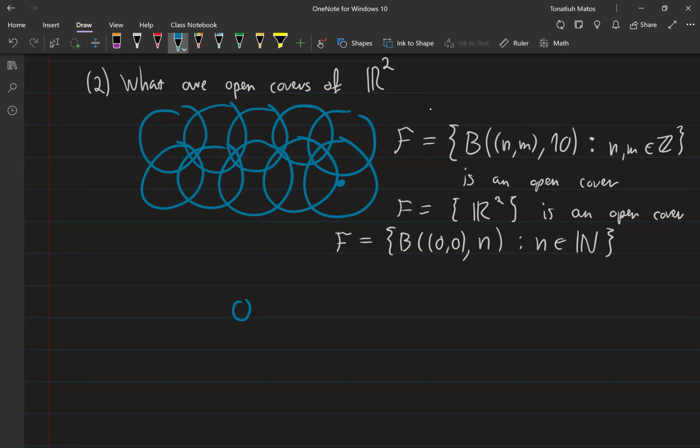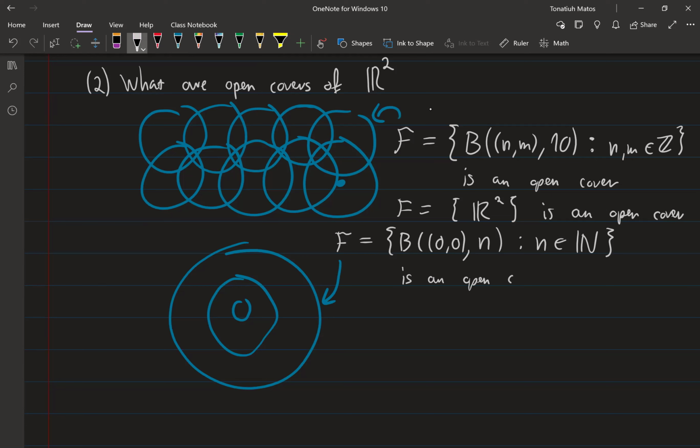First radius 0, which is the empty ball, that doesn't matter. Radius 1, radius 2, radius 3. So this is this one, and this is this one. This is an open cover. Okay, so that's the idea of an open cover.